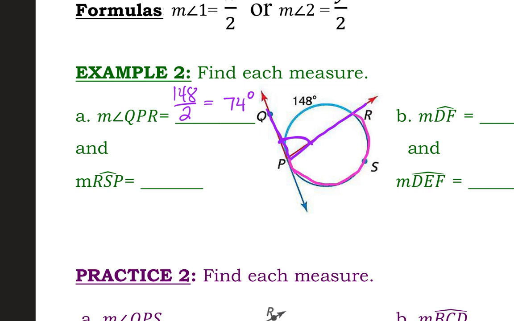How could I figure out this angle or this arc? 180 minus 74. What's 180 minus 74? 106. That gives us this angle here. Double it. 2 times 106 is 212.